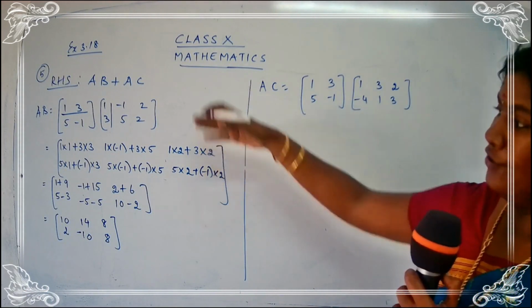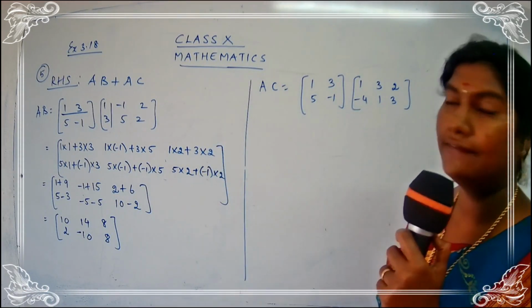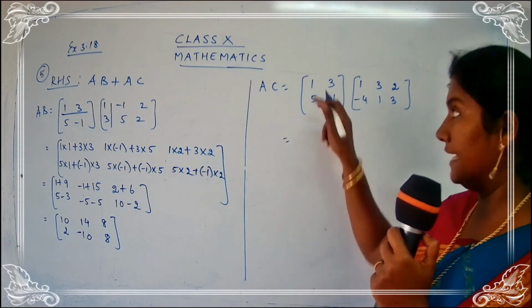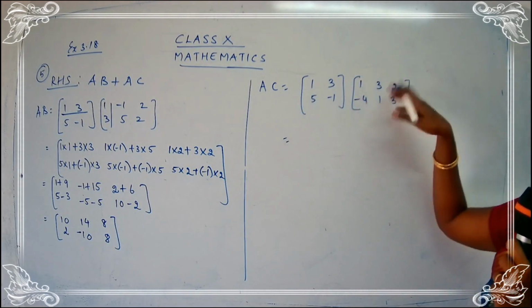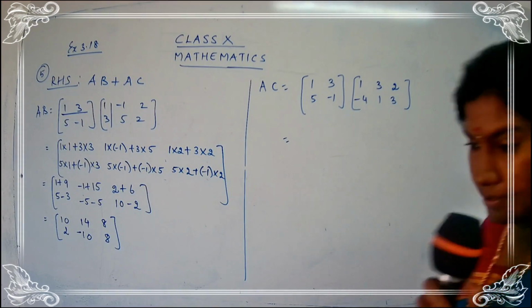In the same manner you have to proceed and you have to get the value for AC. Take the first row, complete all the columns. Take the second row, complete all the columns. Come on, get the answer, children.